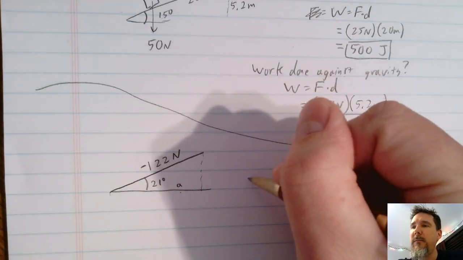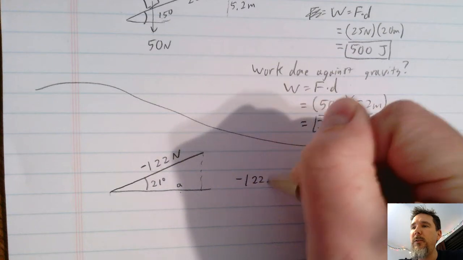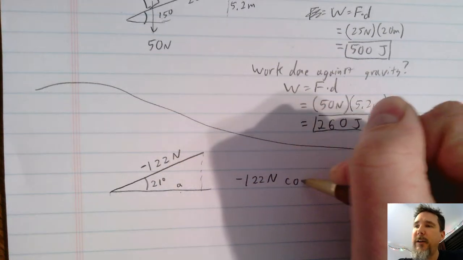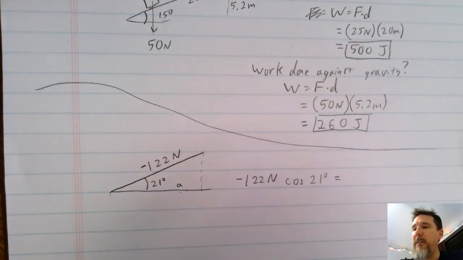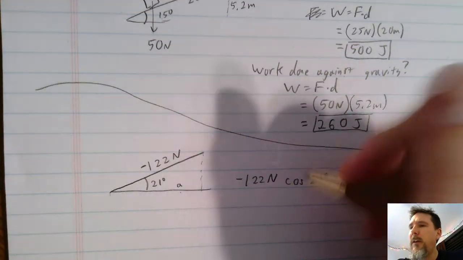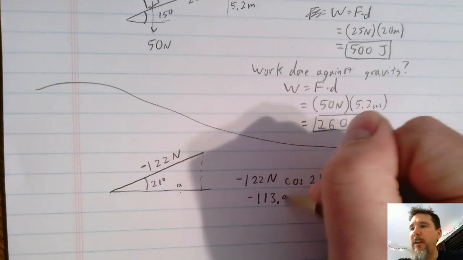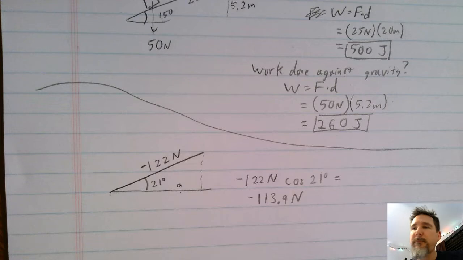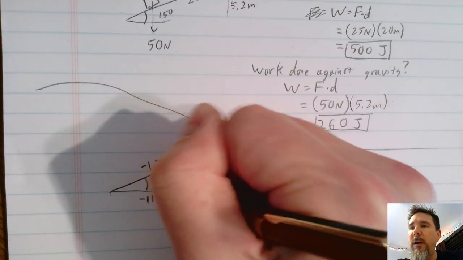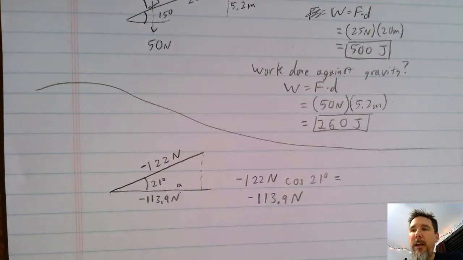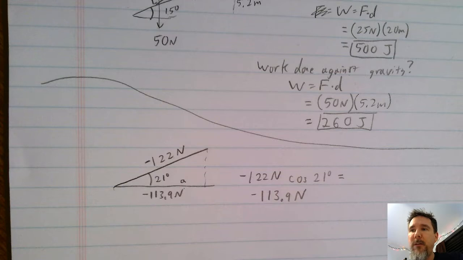Basically it boils down to negative 122 newtons times the cosine of the angle 21 degrees. And that tells us that the force was negative 113.9 newtons. So that's how she was pulling, and again, the negative is because she's pulling backwards against the direction that they are moving.